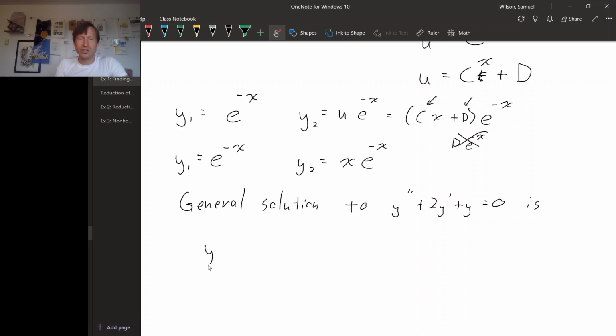So the general solution is y is an arbitrary constant times y sub 1, which is e to the minus x, plus another arbitrary constant times our second solution, x e to the minus x. And so there's our general solution.